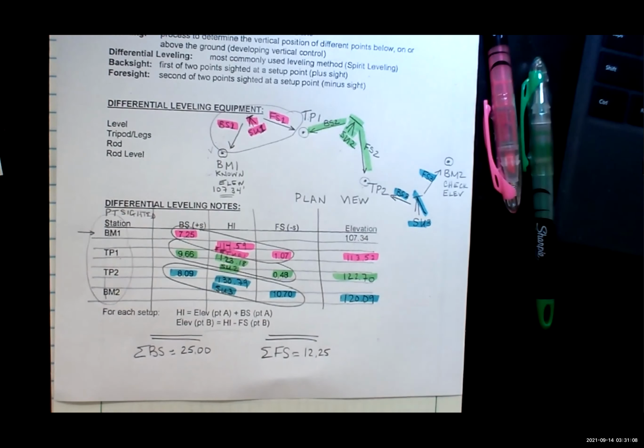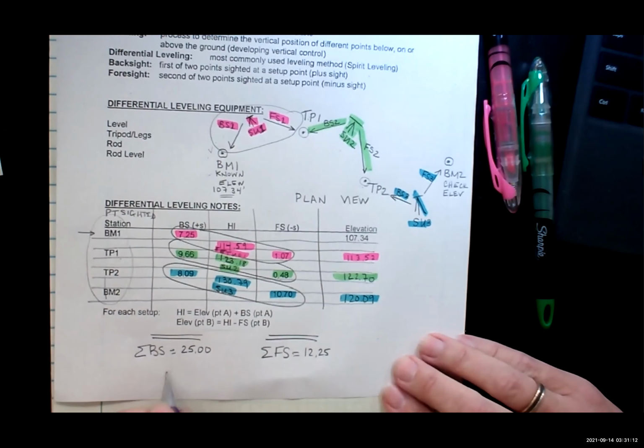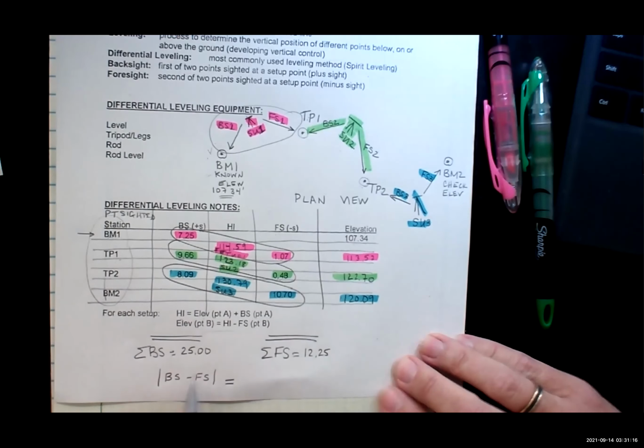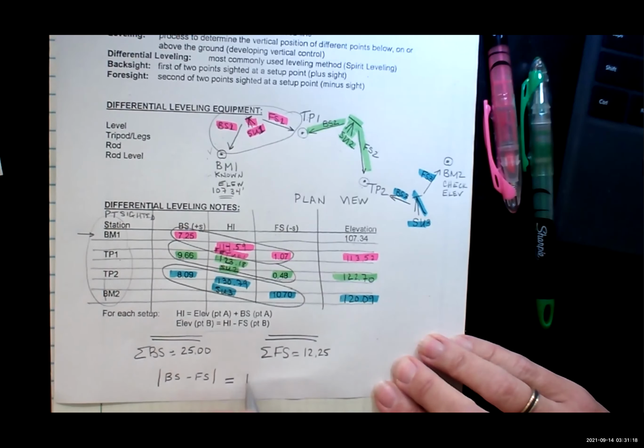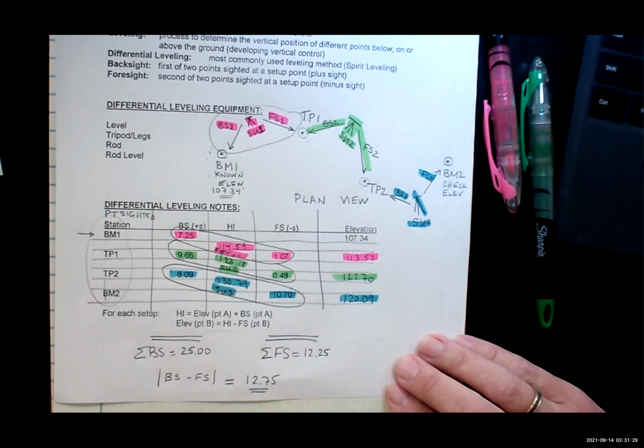You guys get those numbers? What is the difference between the back sight and the foresight? Did you get that? 12.75. Where do you think you're going to see that number, 12.75?